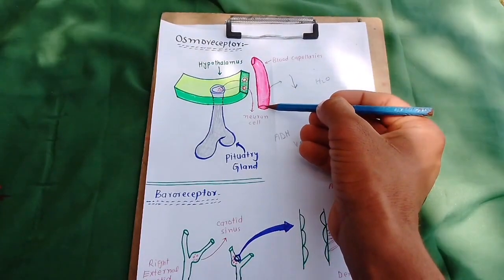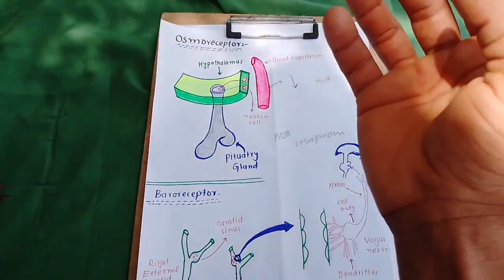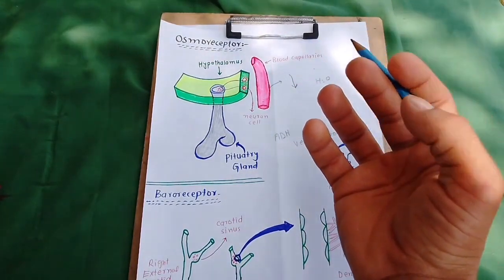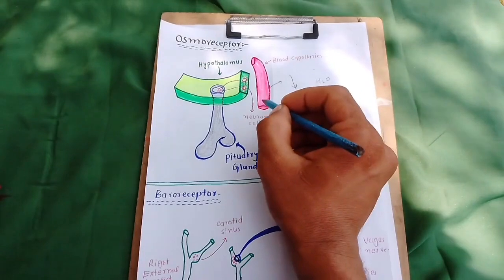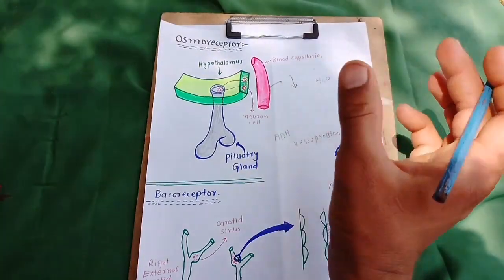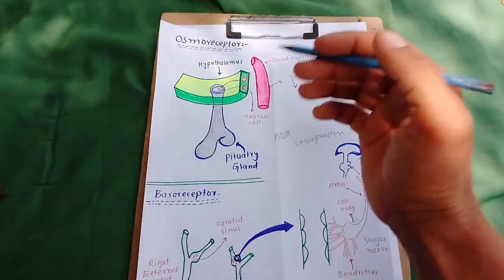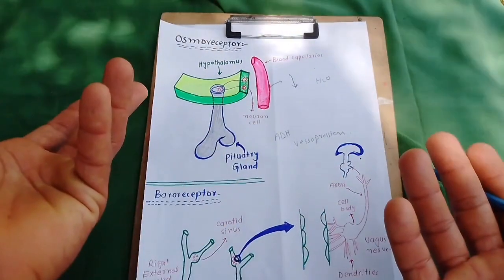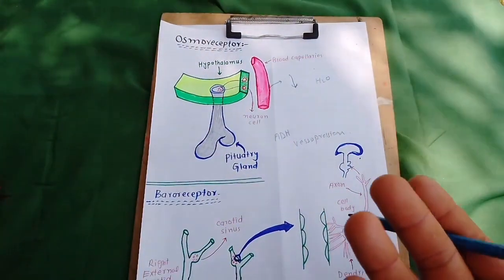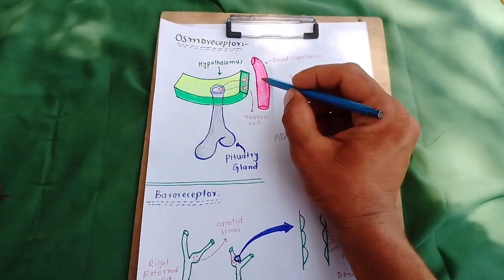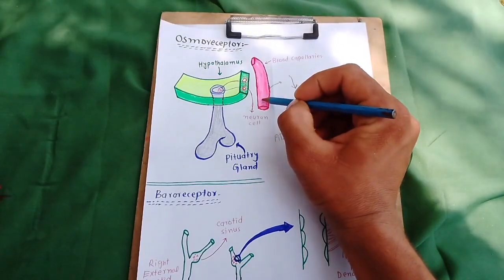Okay, so when there is low volume of blood, water is dehydrated from the body due to some problem. And this is the blood capillary.